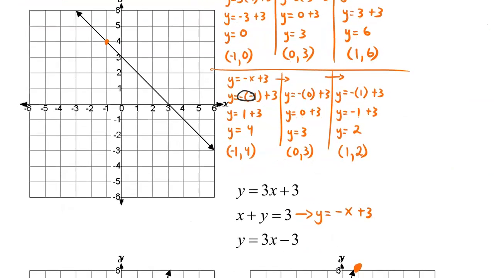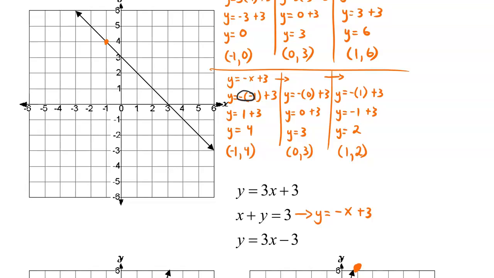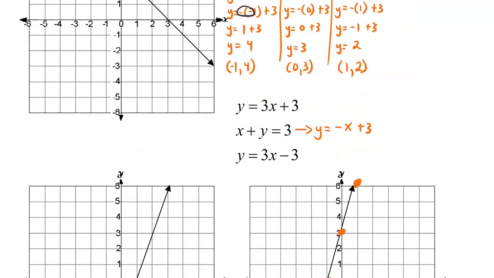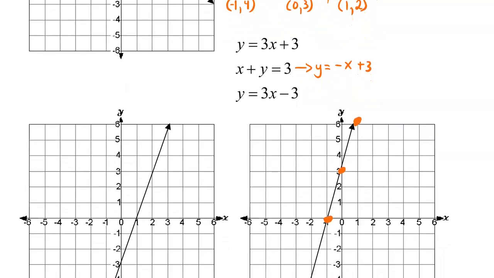Since we did do the other 3 points, I might as well find them. So there, and your last one is right there. Now, with your process of elimination, you know that this graph belongs to that line. This equation belongs to that graph. And by process of elimination, this one will belong to that graph.